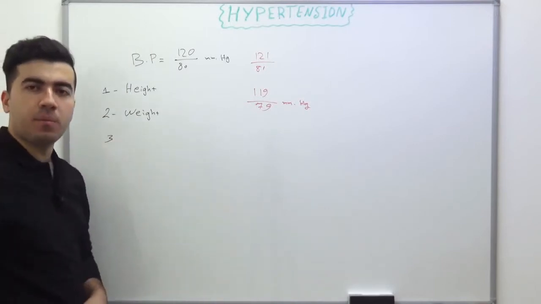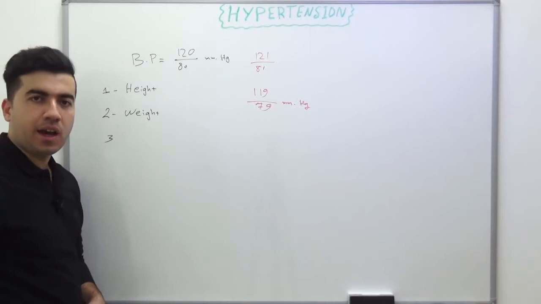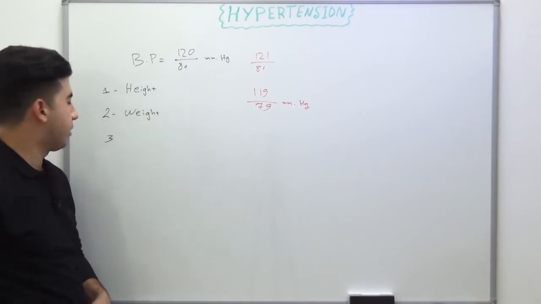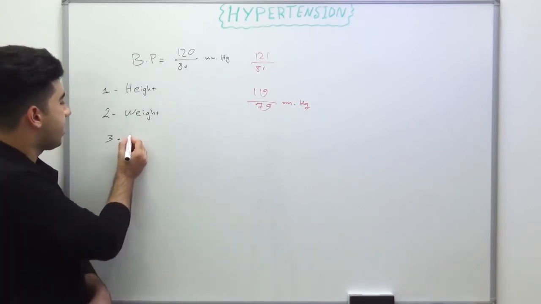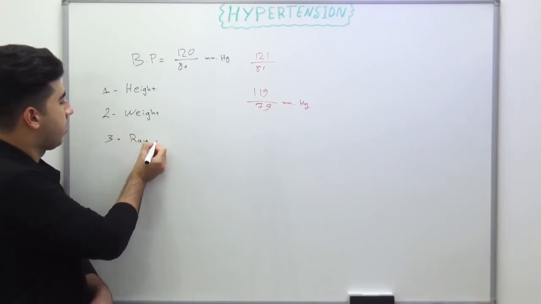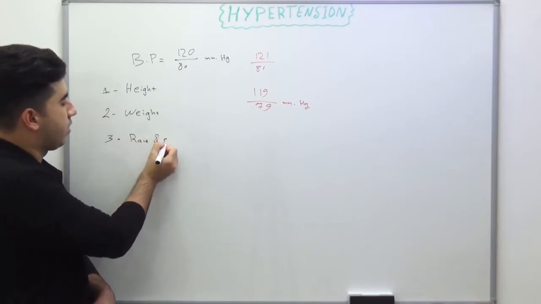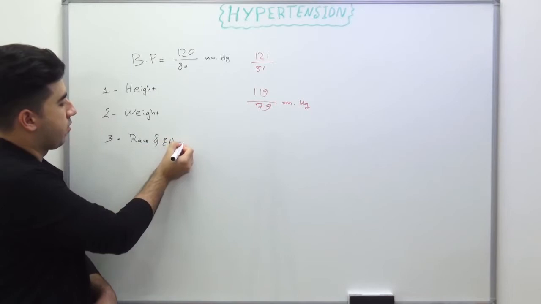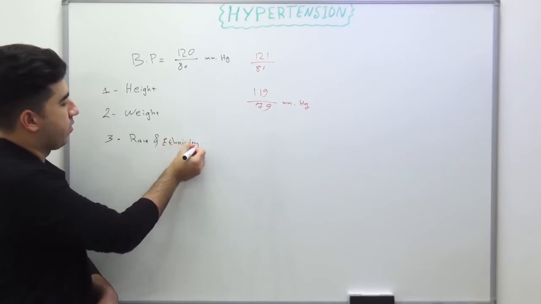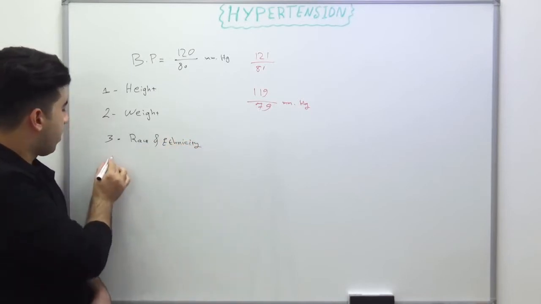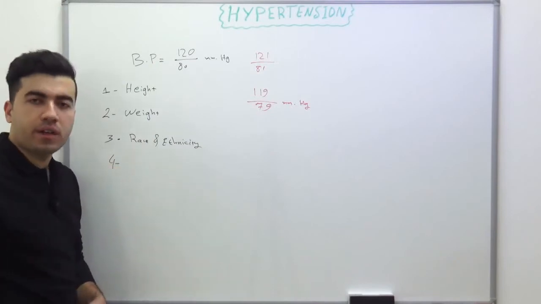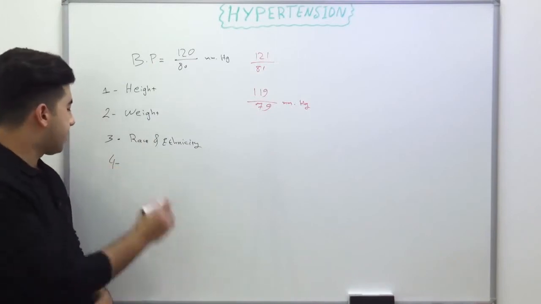Then we have color. For example, black people have a slightly higher systolic blood pressure than white people. So you can say race and ethnicity. Another physiological variation for the blood pressure is age.